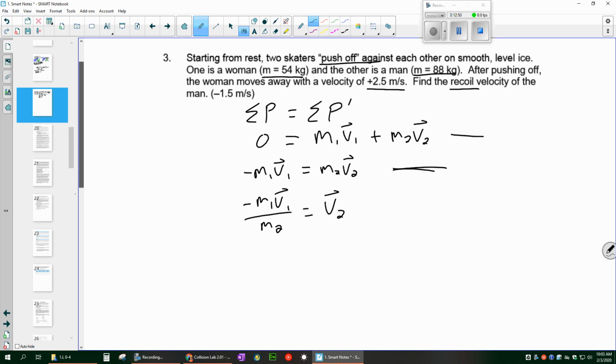We'll go negative 54 kilograms, and then V1 was positive 2.5 meters per second, and then divided by 88 kilograms. And that was all equal to V2. So in the end, that ends up being negative 1.5 meters per second.